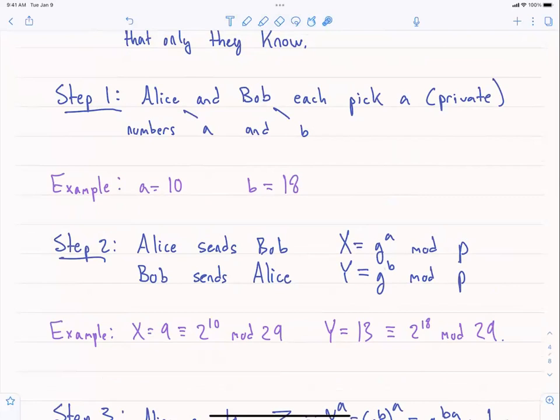Okay, so Alice is going to send Bob 9, and Bob is going to send Alice the number 13. The point is A and B are still secret. Still only Alice knows A, and still only Bob knows B. But now Alice knows something that was produced using B, this Y, and Bob knows something that was produced using A, this X.